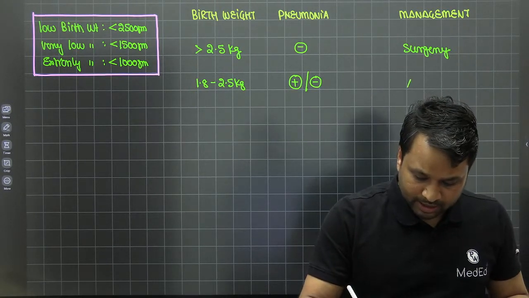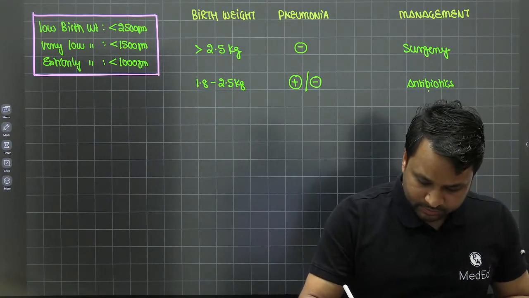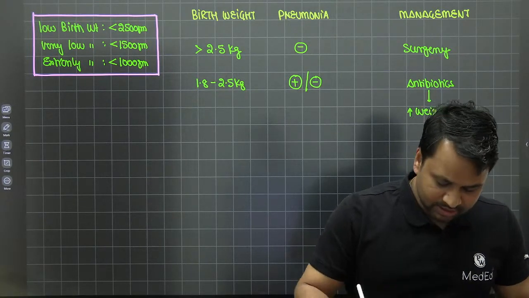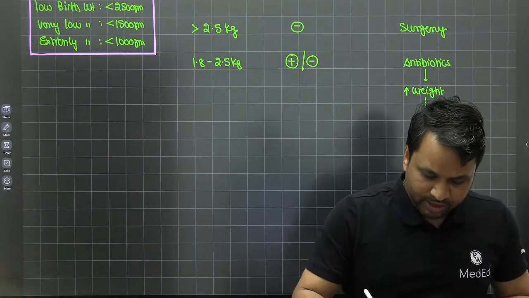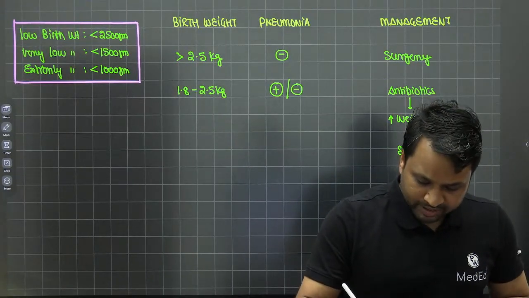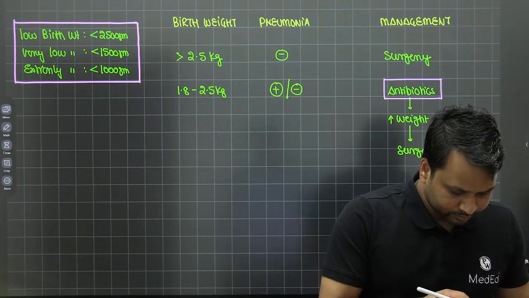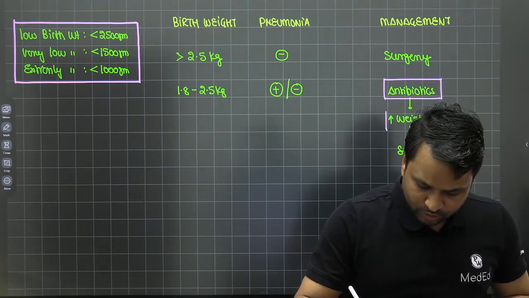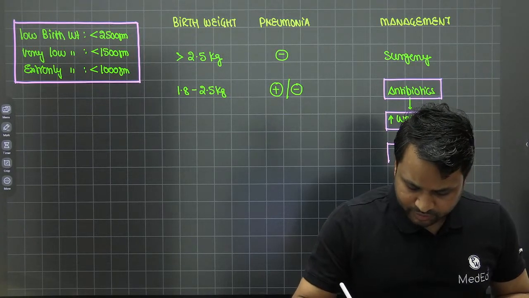Start the baby on prophylactic antibiotics, build the nutrition, and for building the nutrition, obviously you have to take an access. And then take the baby for surgery.